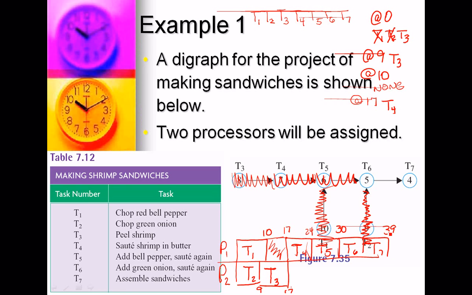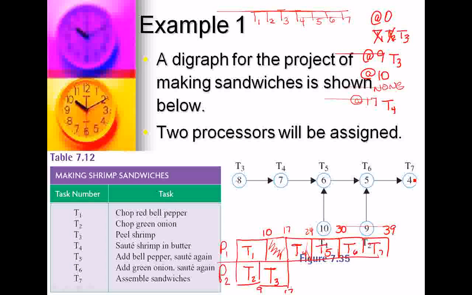Next thing, we need to find the critical path and the critical time. So what we're doing there is we're finding our maximal paths and finding the one with the largest weight. So T3, T4, T5, T6, T7.